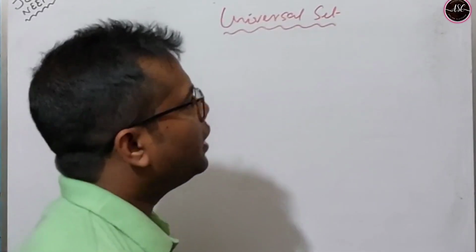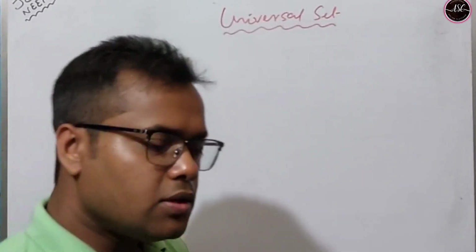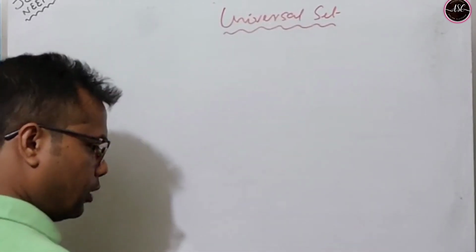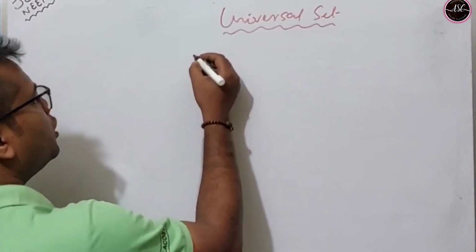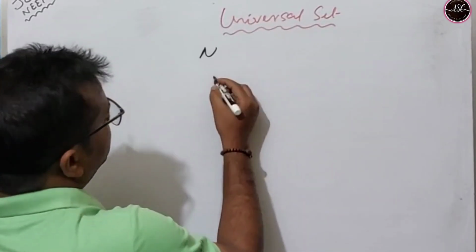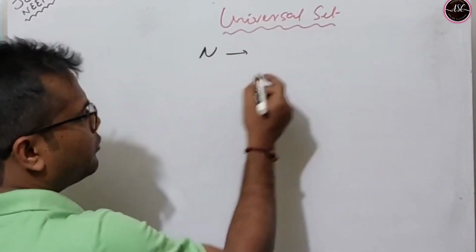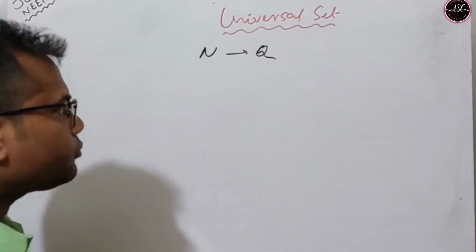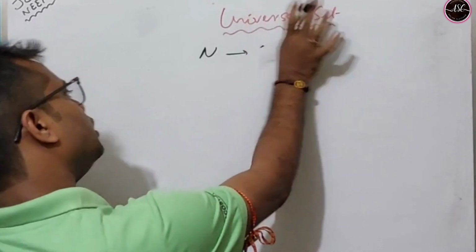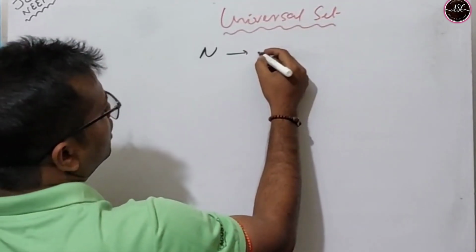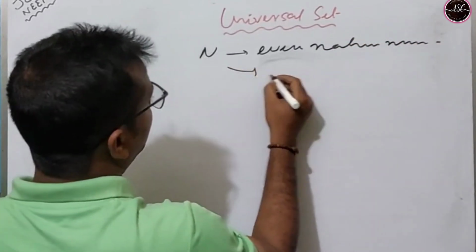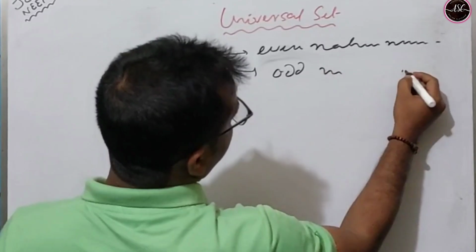Now we'll learn about the universal set. What is a universal set? We have used the set of natural numbers N. In natural numbers there are even natural numbers and odd natural numbers.